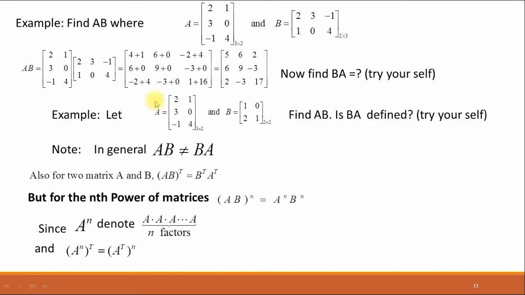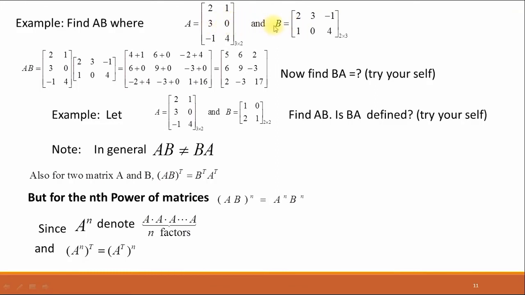For example, these are two matrices. The order of this matrix is 3 by 2 and the order of this matrix is 2 by 3. This matrix has 3 rows and 2 columns, and this matrix has 2 rows and 3 columns. To multiply these matrices, first of all, we check whether the multiplication is possible.